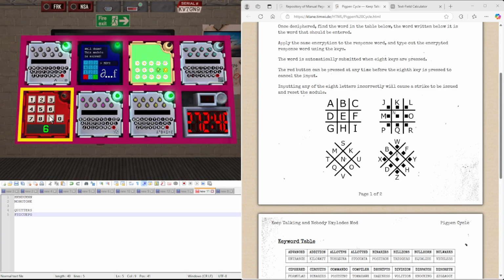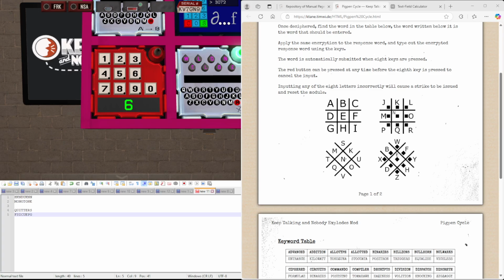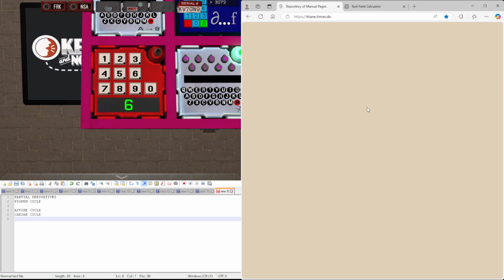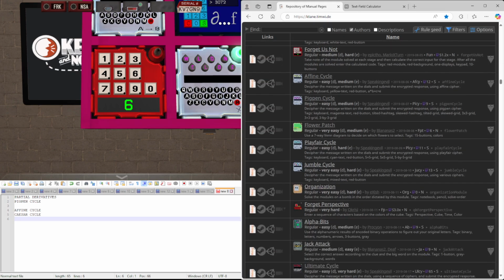Okay. There's 6. Flower patch, I think. Yeah. Meaning stage 3 is going to be Playfair cycle.